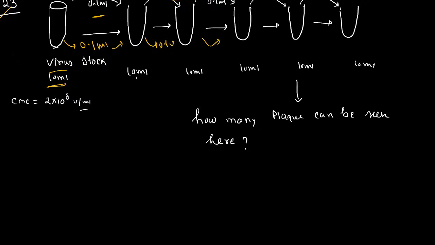Now the remaining is 9.9, maybe water. Okay, so add this step. Can you please quickly tell me how many PFU you can observe? There is 2 into 10 to the power 8 cells.